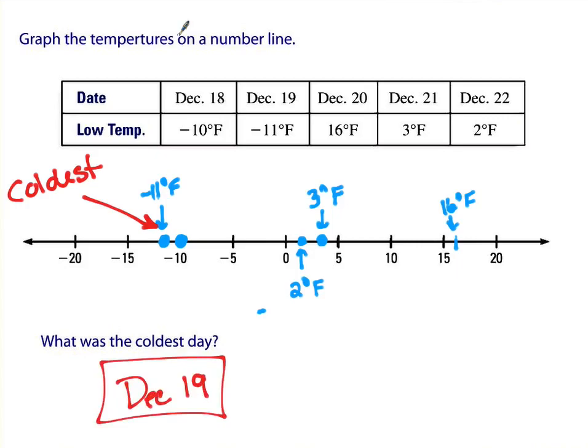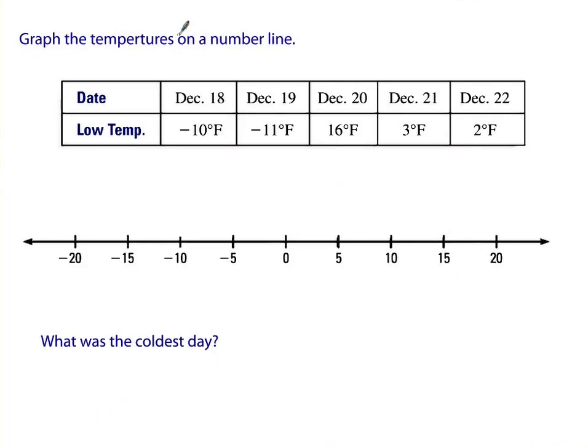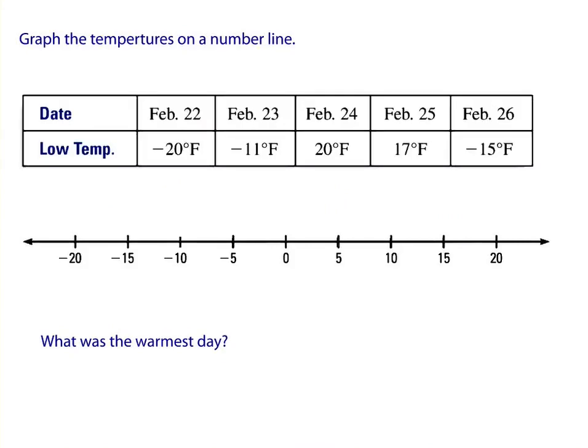Okay, so that's that, and we got one more just like it. This one says pretty much the same thing, February 22nd, 23rd, 24th, 25th, and 26th. Here's some temperatures. What is the warmest day? So let's go and plot. Negative 20 degrees Fahrenheit, that'll be right here. Next one's negative 11, so that's going to be about right there. 20 degrees.